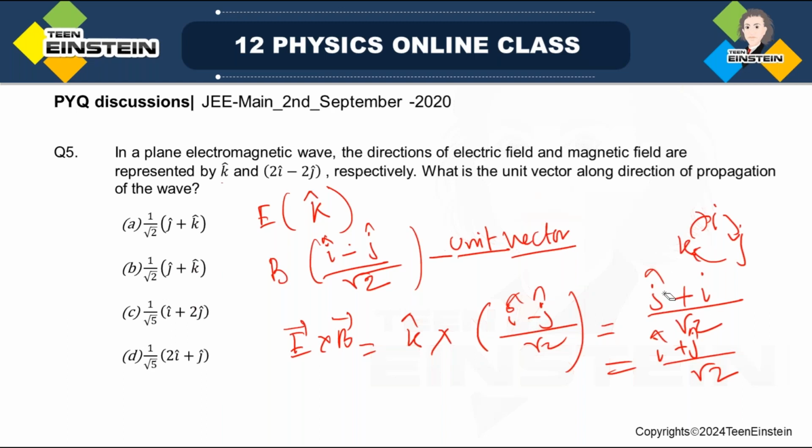There may be typos here. So one will be ij, I think. Here, 1 by root 2, this should be ij.